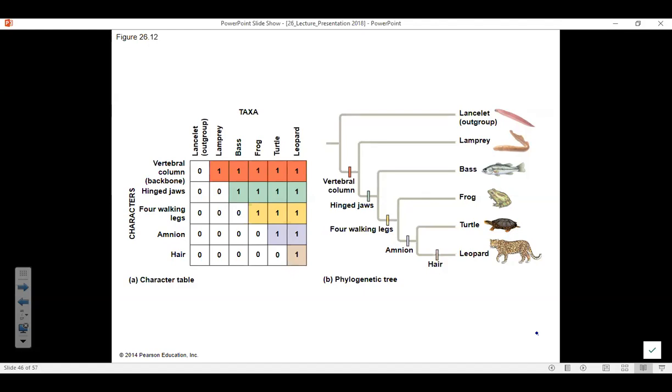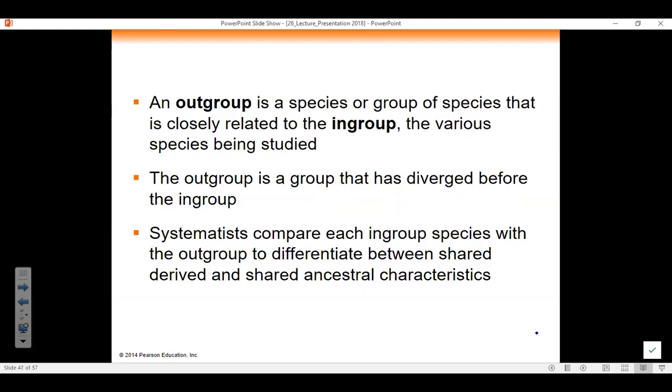It just has a sucker mouth and it sits at the bottom of the ocean and sucks stuff off rocks. So they don't have any of the cool traits, so they're out there all by themselves. So it's almost like an outcast group. But they're important too. Everybody's important in the ecosystem. The rest of the organisms in here would be the in group.